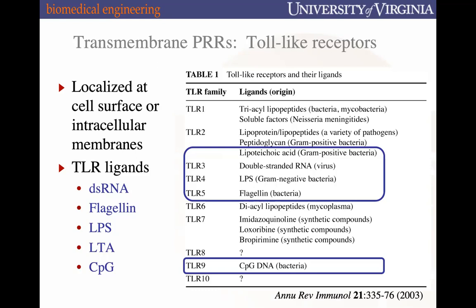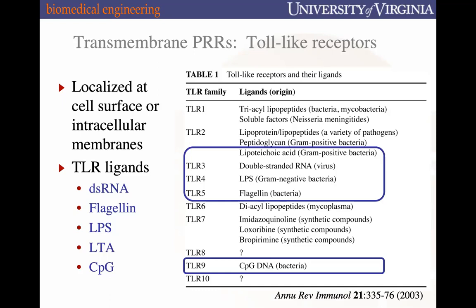We have single-stranded RNA during transcription, but a virus has double-stranded RNA. Thinking about how a virus acts, is TLR3 expressed intracellularly or extracellularly? Intracellularly. So TLR3 is an intracellular toll-like receptor.